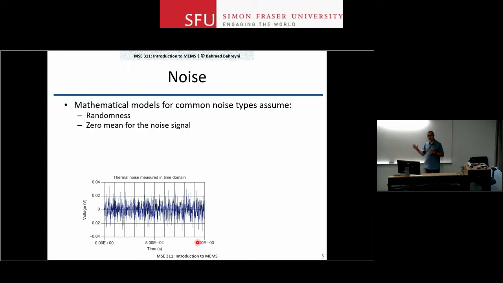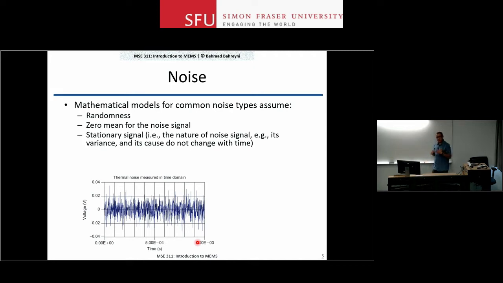Noise also has zero mean. So if you average the signal, the amplitudes and peaks that are above zero cancel the ones that are below zero. Again, you cannot predict where it is going. It's always going to have a zero mean.